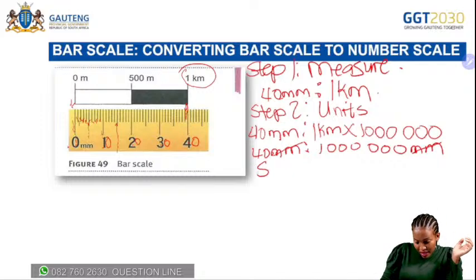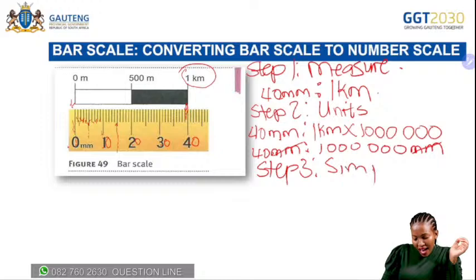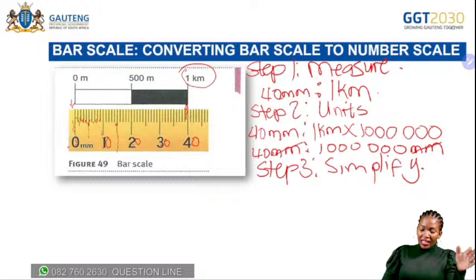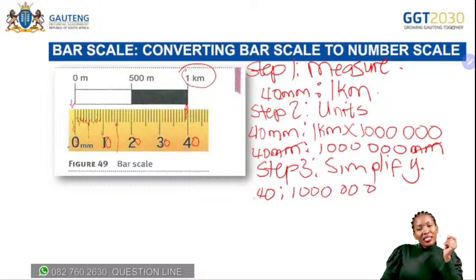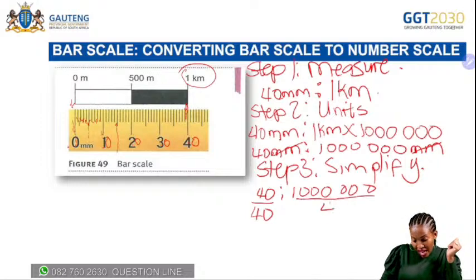And then step number 3, we must simplify. Leave it in its unit form. For unit form, remember I said it is 1 is to something. So we are going to take this 40 is to 1 million. How do I turn this 40 into a 1? You are right. We are going to divide by 40. And what we do on this side, we also do on the other side.